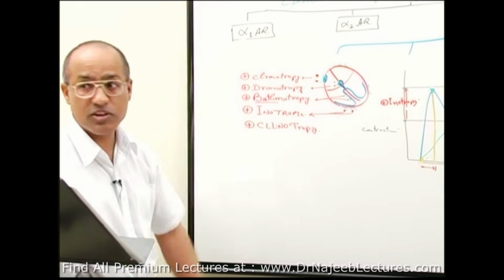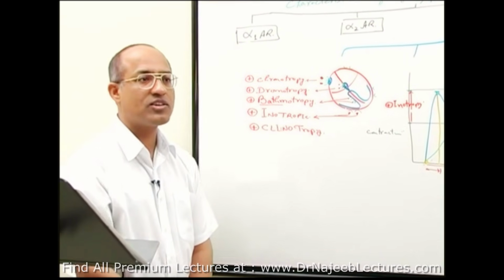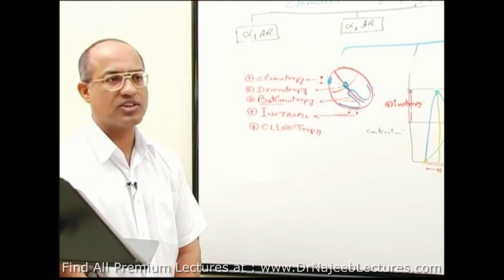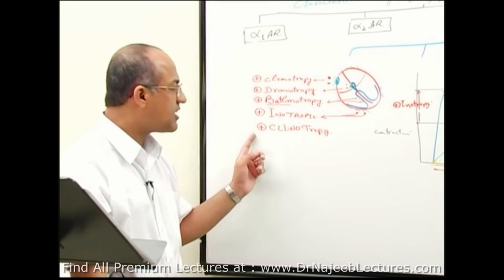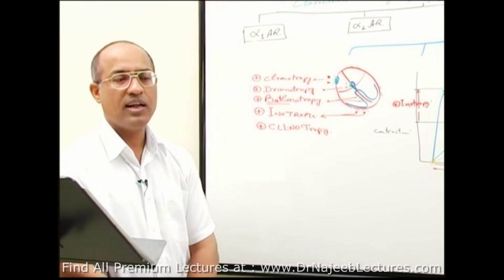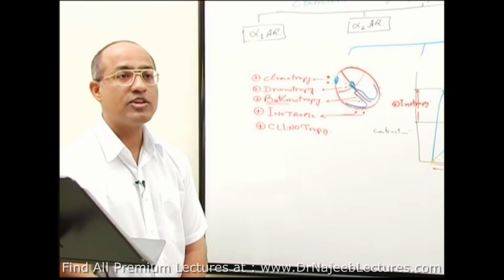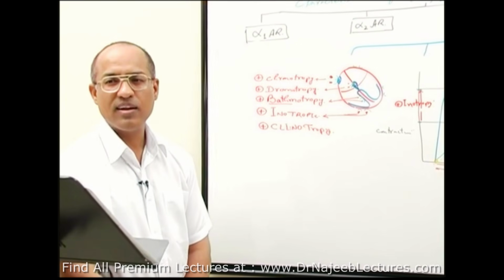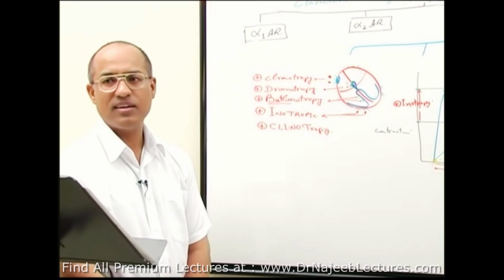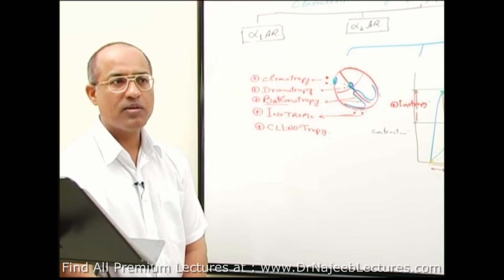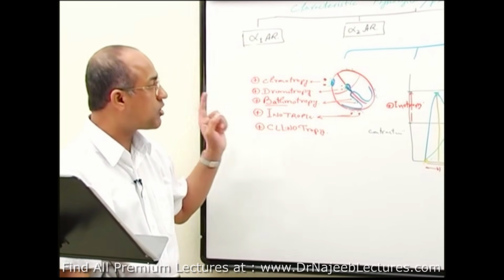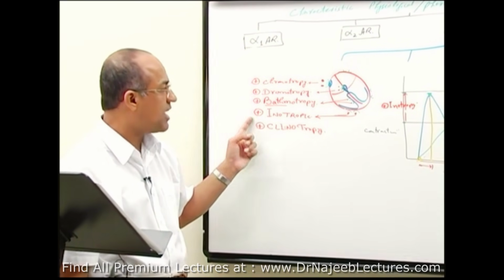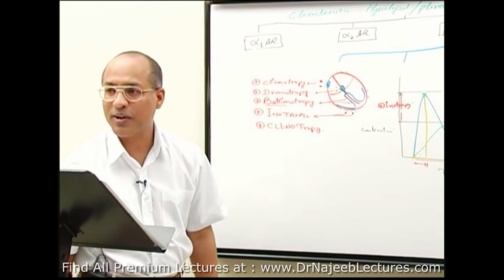Positive inotropy means increased strength of contraction in the myocardium. Positive kalinotropy means increased velocity of contraction of the myocardium. So beta-1 stimulants are positive chronotropic, dromotropic, bathmotropic, inotropic, and kalinotropic.